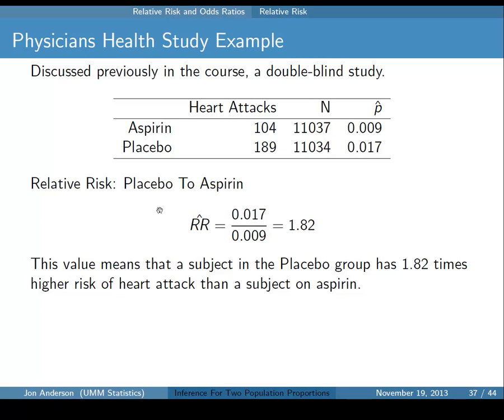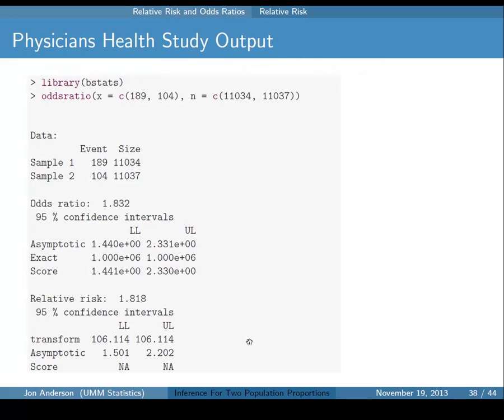If you make the estimated relative risk of the placebo group's p hat divided by the aspirin group's p hat, you get a relative risk estimate of 1.82. That is above 1, suggesting that the placebo group in the numerator has a higher risk of heart attack than the aspirin group. The way you interpret this number is that the placebo group has 1.82 times the risk of a subject on aspirin, so almost twice the heart attack risk of someone taking aspirin.